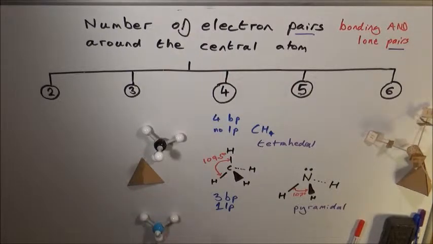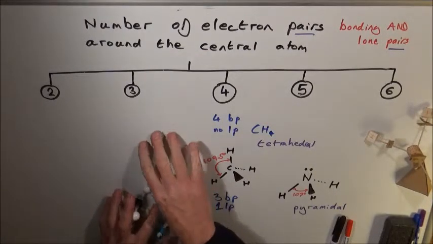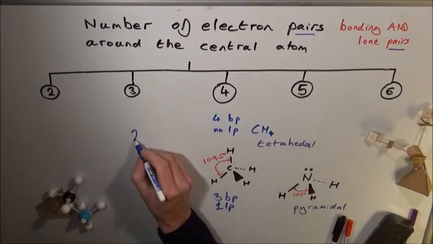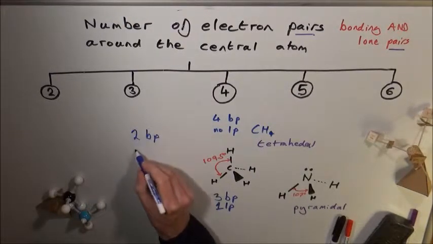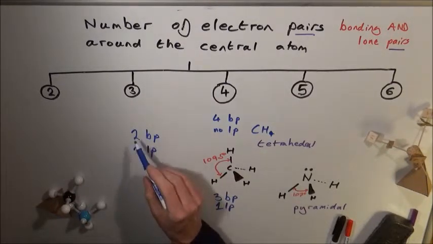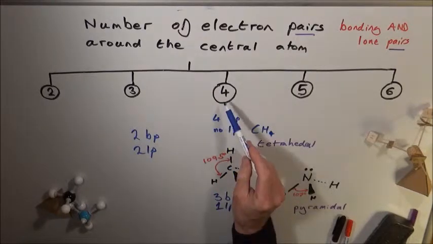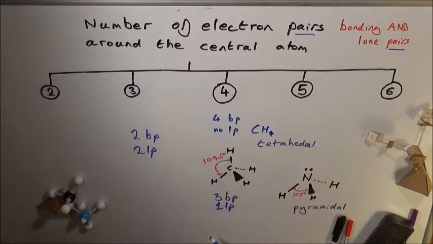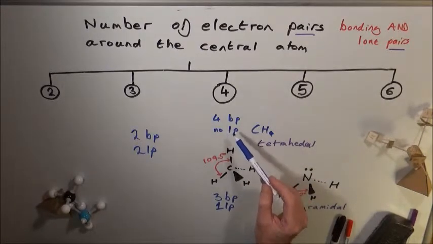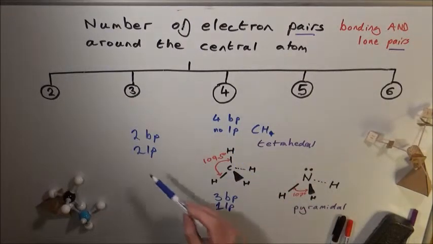So if I take another molecule in which I have replaced yet another one of the bonding pairs with a lone pair, I'll do it over here so that you can see it properly. But this time we're going to have 2 bonding pairs and 2 lone pairs. So we've still got 4 electron pairs around the central atom, so it's still coming down in this family, all derived from the tetrahedral shape, but successively replacing 1 and then 2 of the bonding pairs with lone pairs.